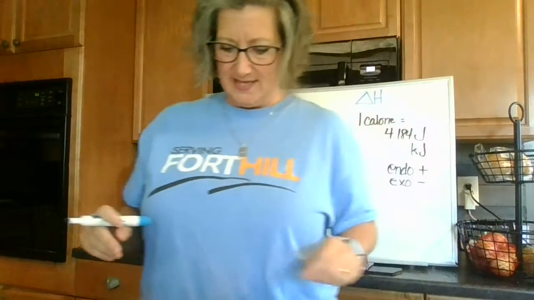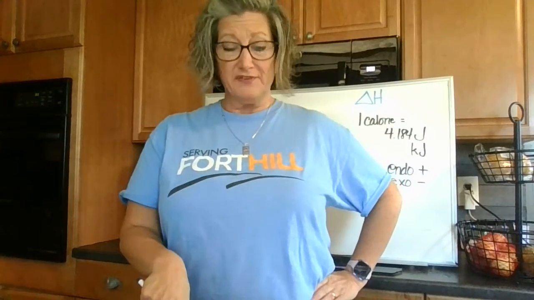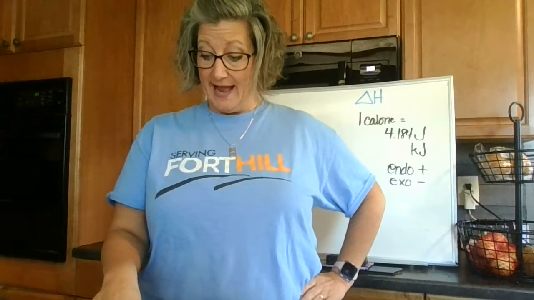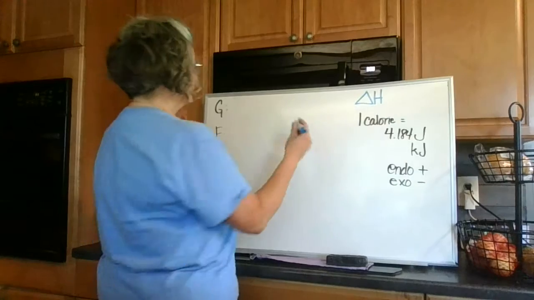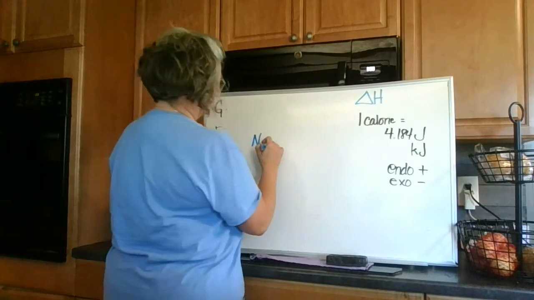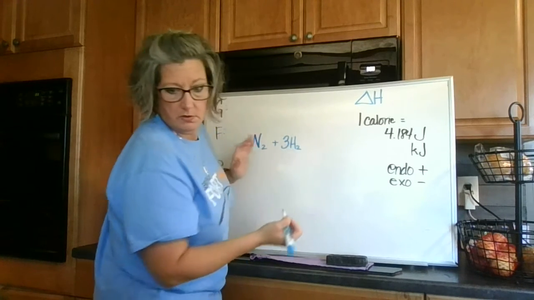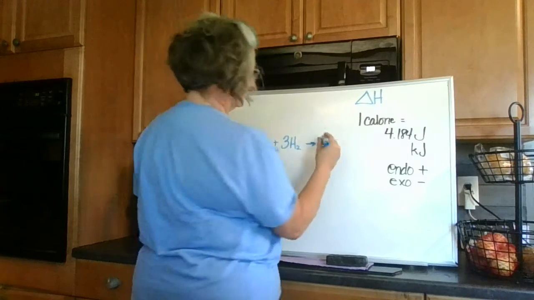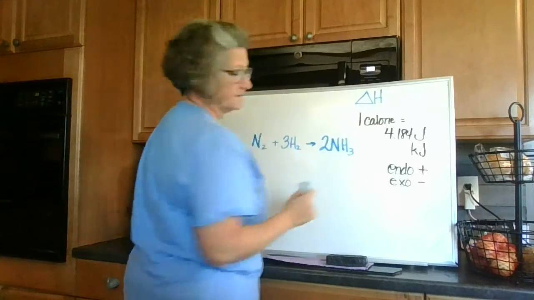Okay, let's see. We're on page 457. To make ammonia, nitrogen and hydrogen are reacted at high temperatures according to this equation. Let's go ahead and write the equation down. N2 plus 3H2 equals 2NH3.